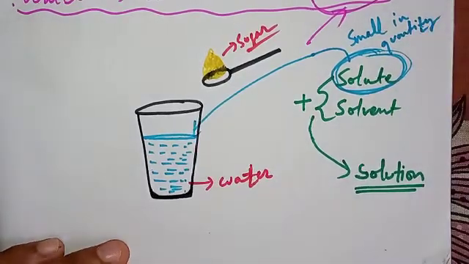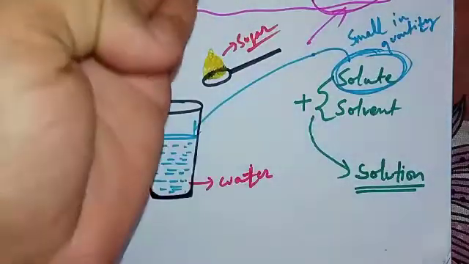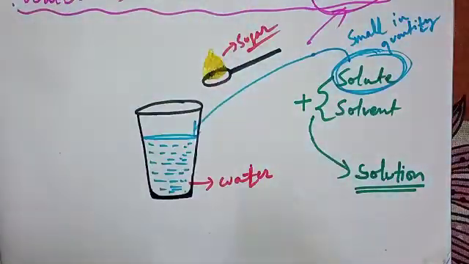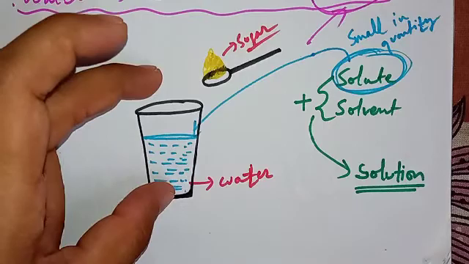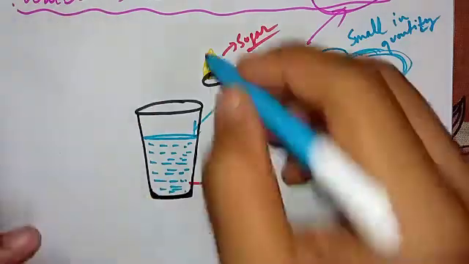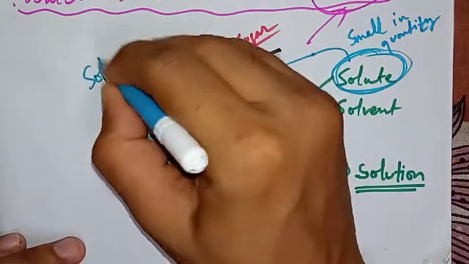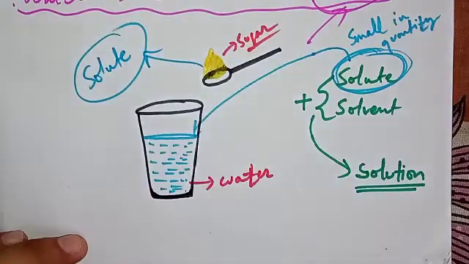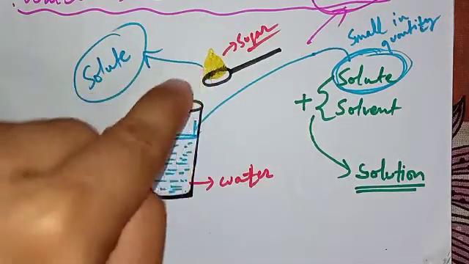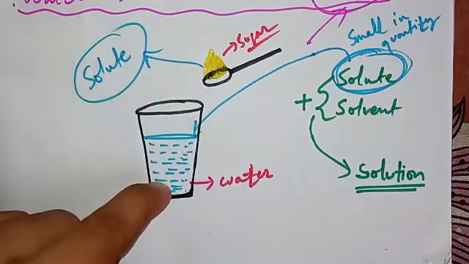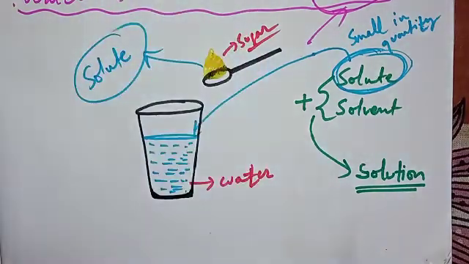So substances or things that have to be added into something are solutes. In this example, we are adding sugar into the glass of water. So sugar over here is what? Yes, it's a solute, and the amount of sugar is definitely lesser than the amount of water, as you can compare in the diagram.